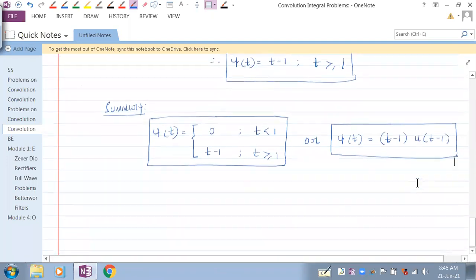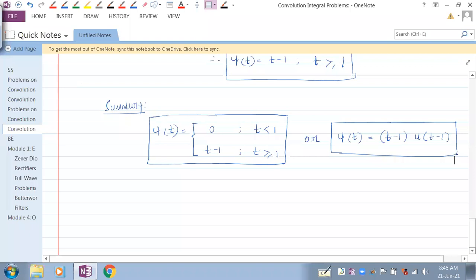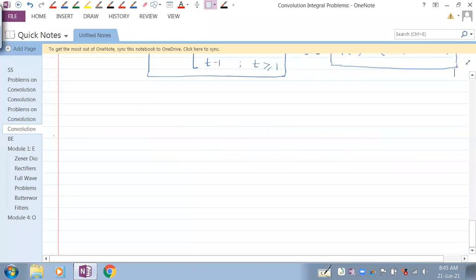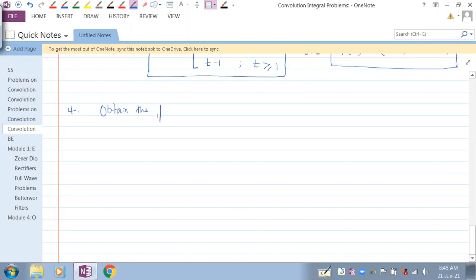Fine. So let's go with the fourth one now. Fourth problem for you. Obtain the following convolution integral.